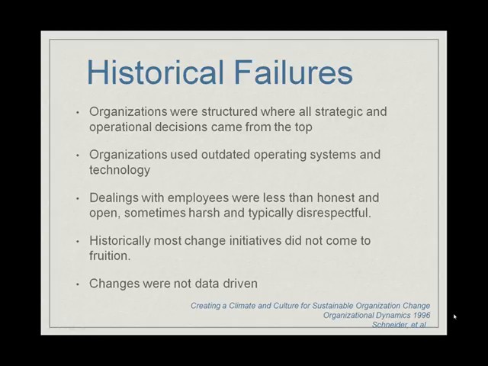Also, organizations have used outdated operating systems and technology. While technology and operating systems can be a benefit, it's important that they be utilized in the correct contexts. Quite often, if problems aren't solved before new technology is implemented, the problems can get even worse.